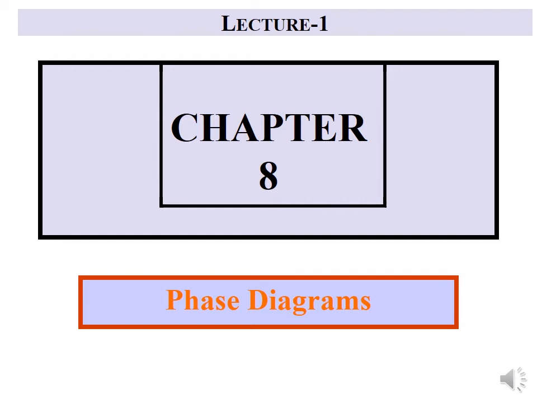Chapter 4, when we will cover it, will be about defects at the crystal level, at the microscopic level. So that is also basic material science. We go inside the materials, understand the science. But now, rather than going from chapter 3 to chapter 4, I am jumping to chapter 8, phase diagrams.